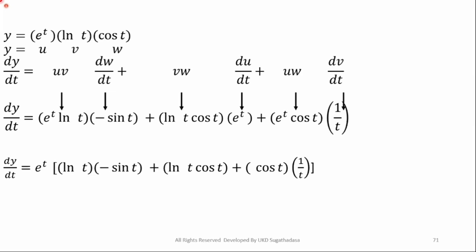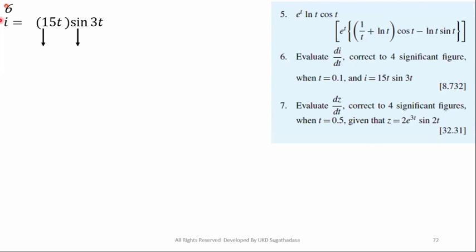Now go to the next one. This is question number 6. Remember, the variable is i. i equals 15t sin 3t.